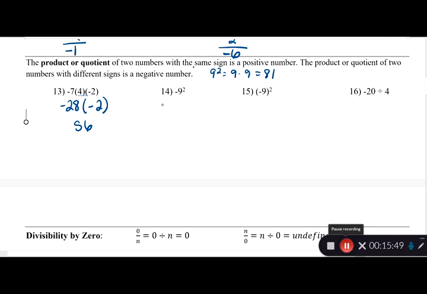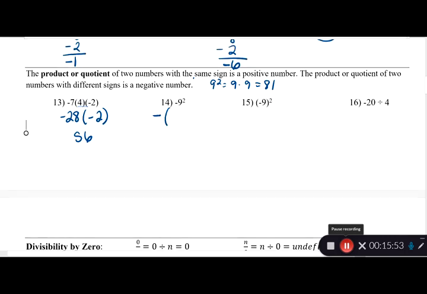It's not saying negative 9 squared. So it's more like the negative of 9 squared, even though they don't write it that way, which would be equal to a negative of 9 times 9. We said 9 times 9 was 81, so this answer is a negative 81.